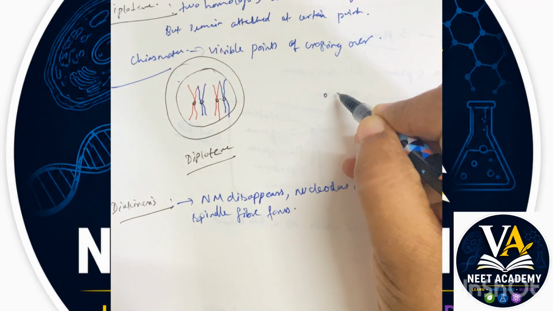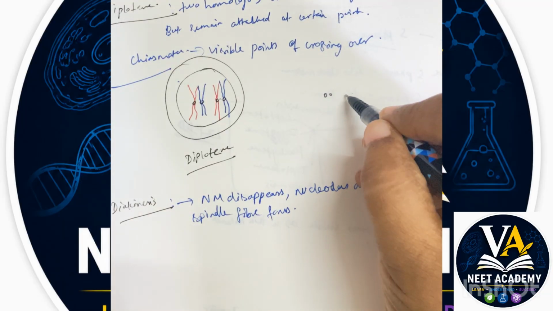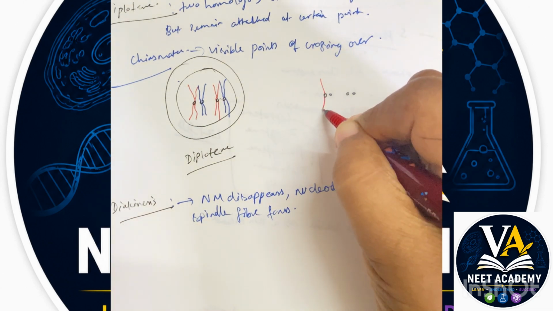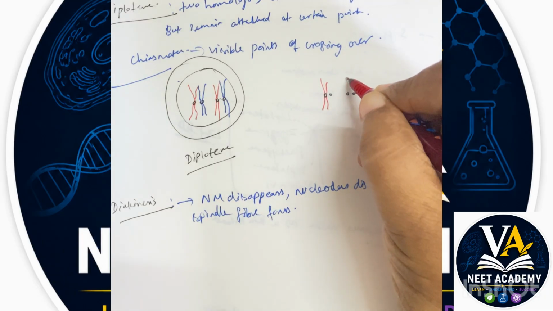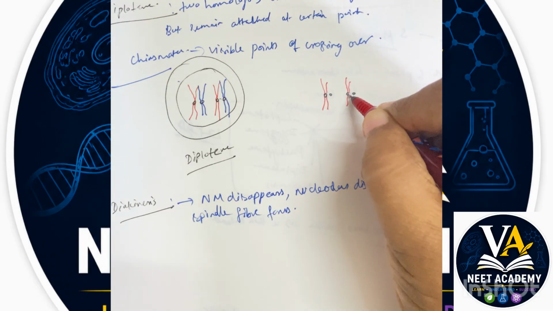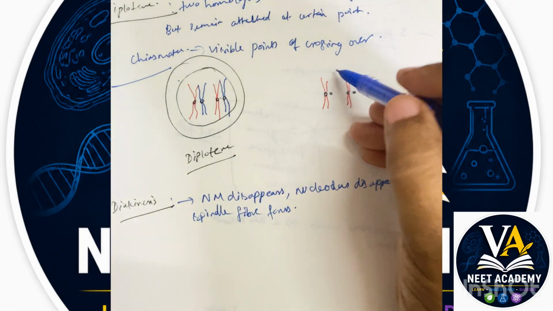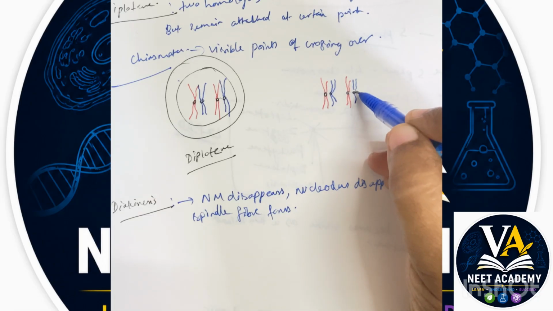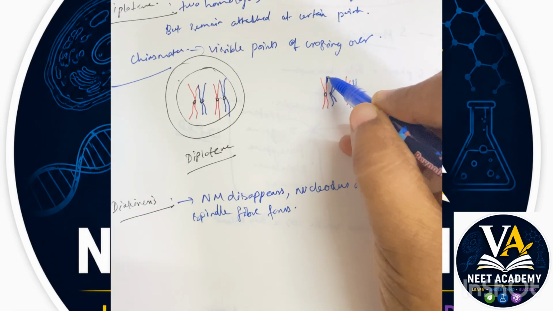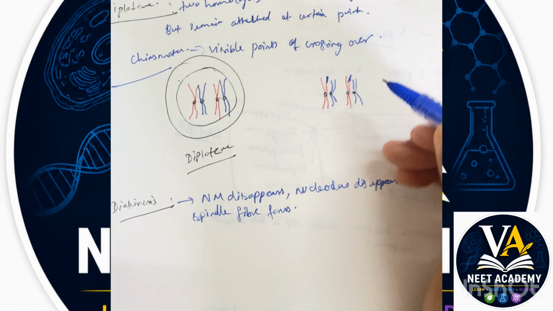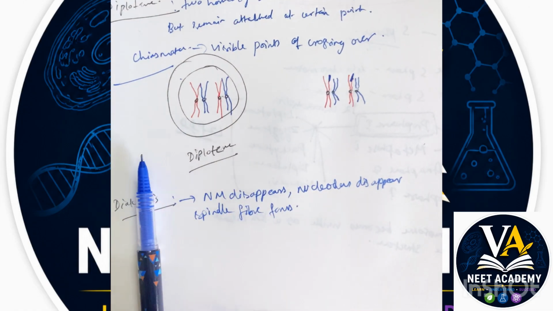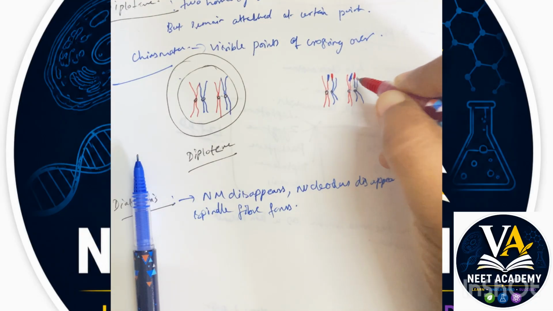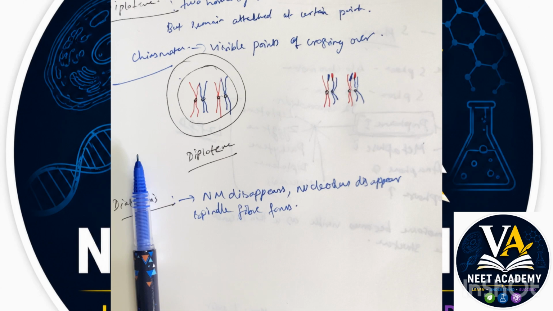Now we will see in the diagram what is happening. I will draw and tell you what has actually happened with your chromosome. Okay, can you understand now what has happened with your chromosome?